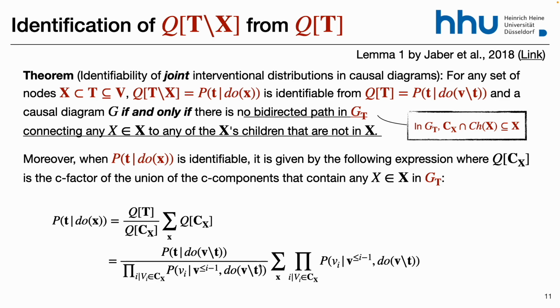It's identifiable. So it's represented by QT, but every time you apply the factorization, you need to use this probability under do V minus T. It's just a weird notation, but it's the same expression as before.